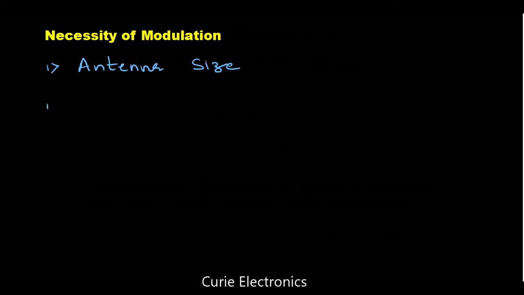Second one is the operating range. How far the transmitted radio signal can travel, and we can receive using a receiver.